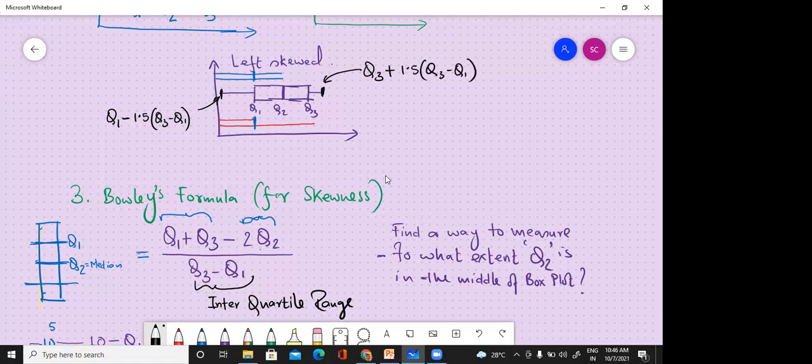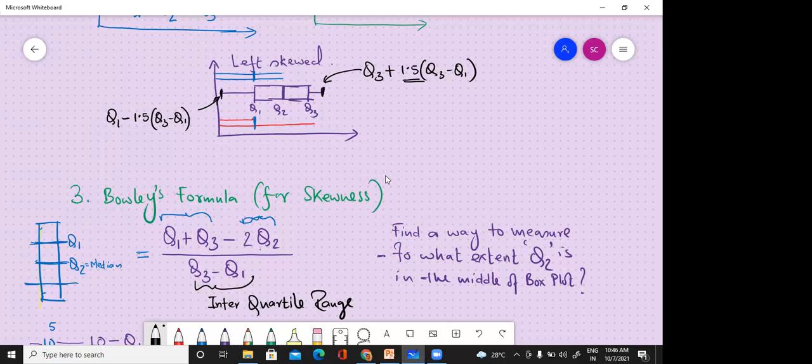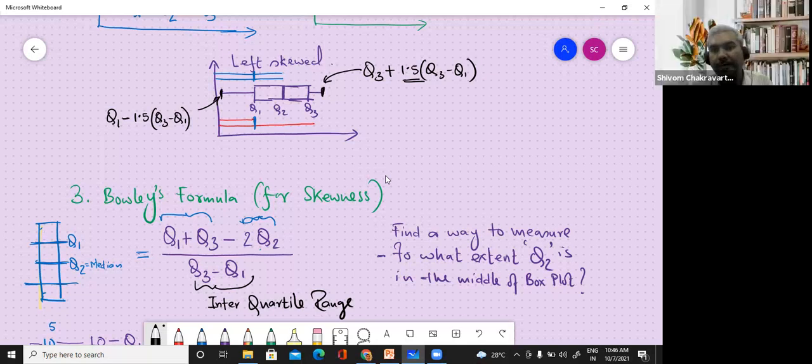So 1.5 is the skewness level? No, it is the constant which is chosen. So we have to stop the whisker somewhere, right? Conventionally, it is chosen to be 1.5 times the interquartile range plus the third quartile will be the end of this whisker, and similarly, first quartile minus 1.5 times the interquartile range will be the lower end of this whisker.